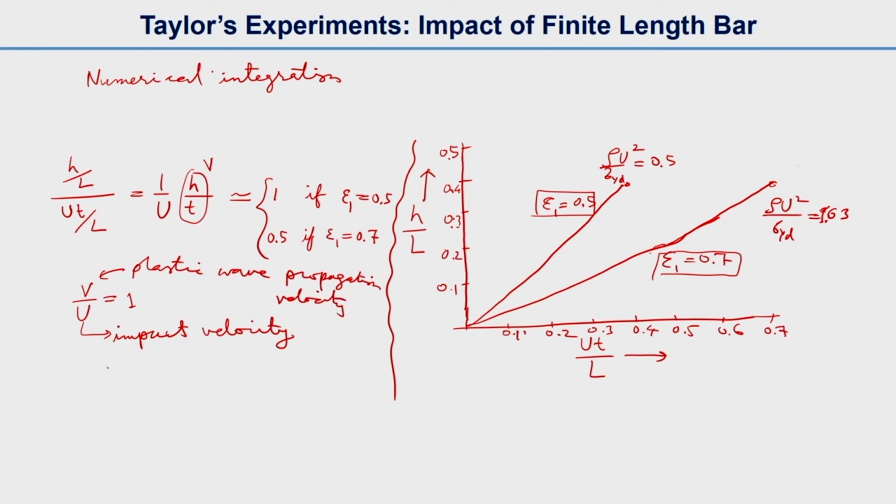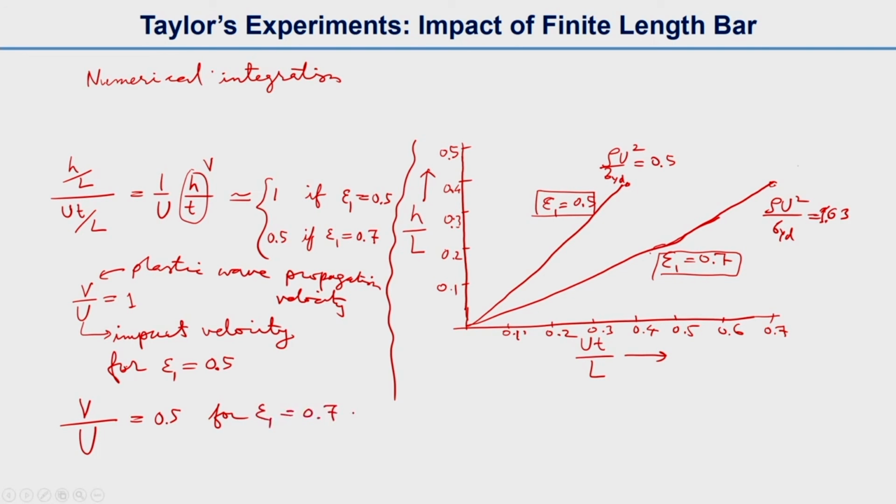They are equal for our strain epsilon 1 equal to 0.5, the maximum strain, or this is small v actually, and capital U is equal to 0.5 for epsilon 1 equal to 0.7.